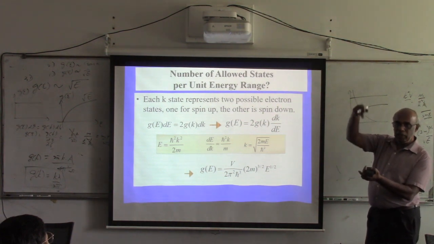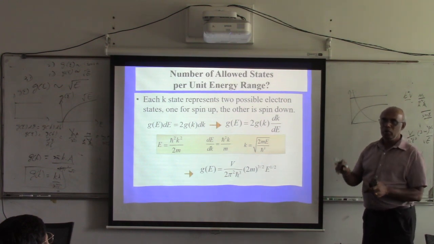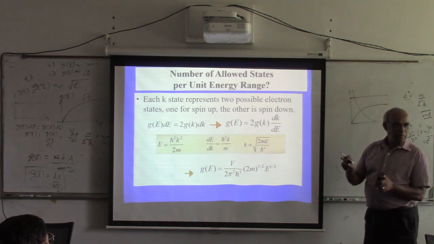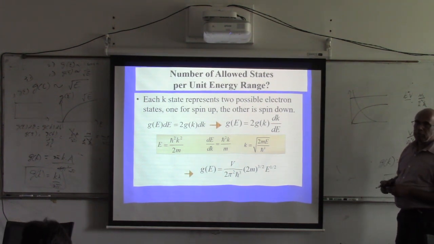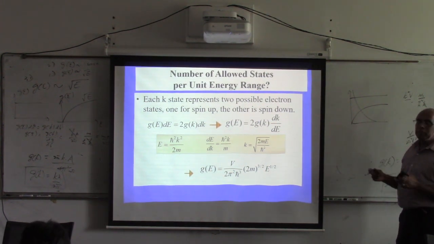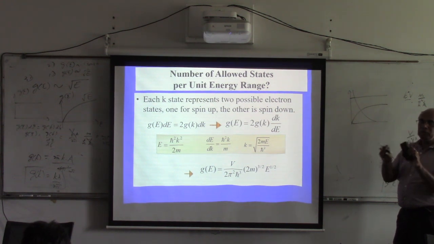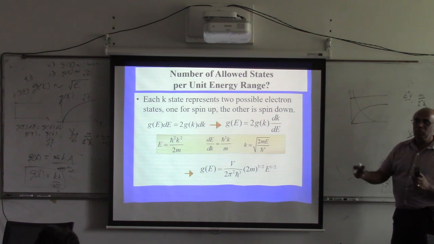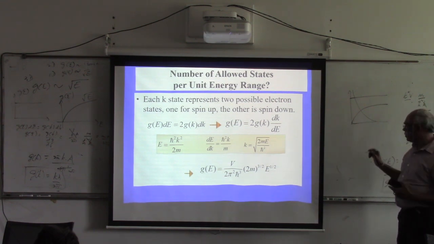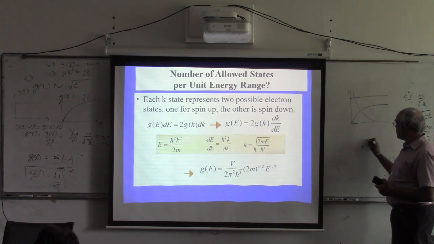The other direction is quantized in the third direction. In 1 dimension, 2 directions are quantized, only 1 free motion. In 0 dimension, all 3 dimensions are confined. That's what we call quantum dots.